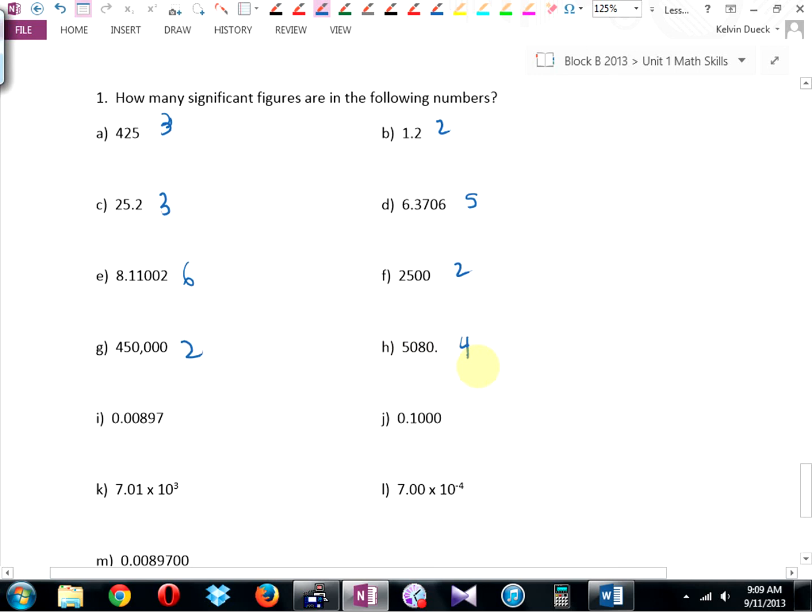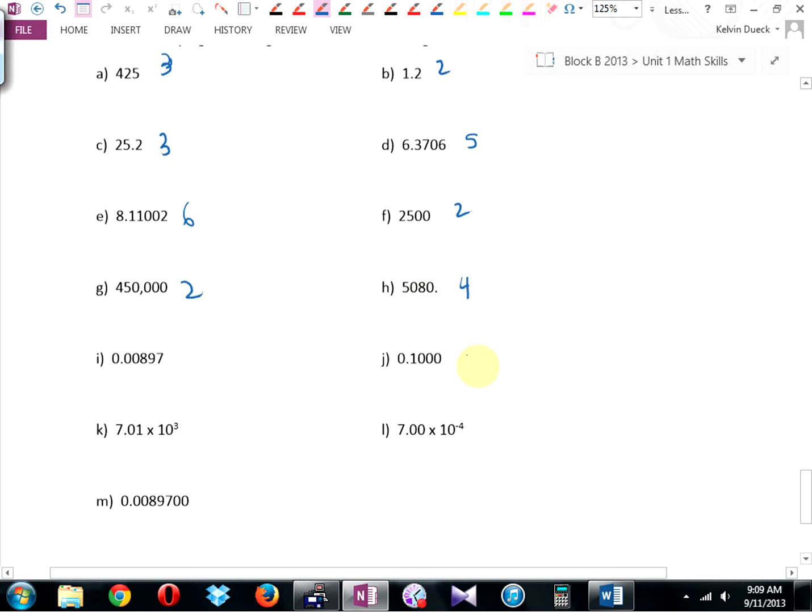What if that decimal point wasn't there? Then how many? Then 3. And speaking of 3, 3. How many? 4. We have to assume that those zeros were put there because that was the measurement that they got. Any zeros to the right of a decimal after digits count.